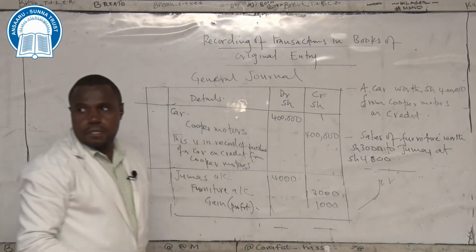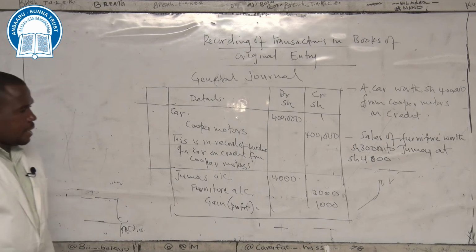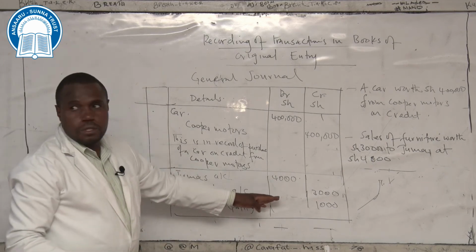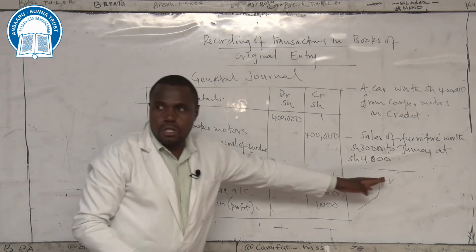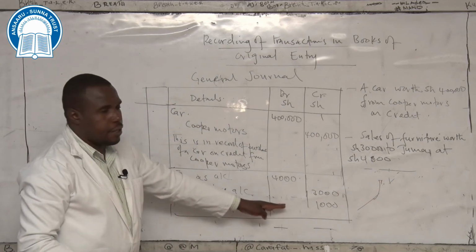But in case the business makes a loss, then the amount that appears as a loss will be indicated on the debit side.